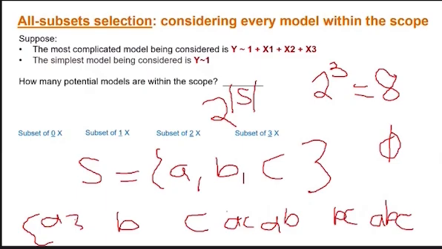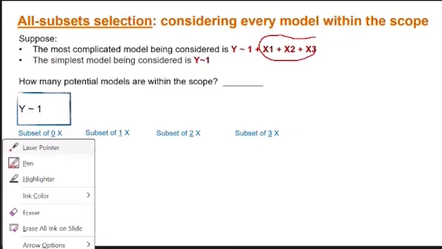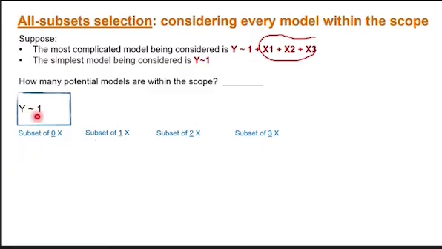We now want to use this method in statistics. We want to use this method in all subset selection where I have 3 predictors. Now let's take a look at what we're going to have. Pay attention. The first one looks like an empty set. The first one is when I don't use any predictor at all.